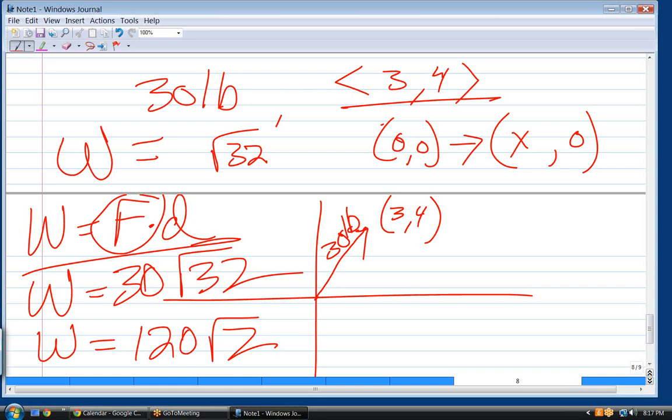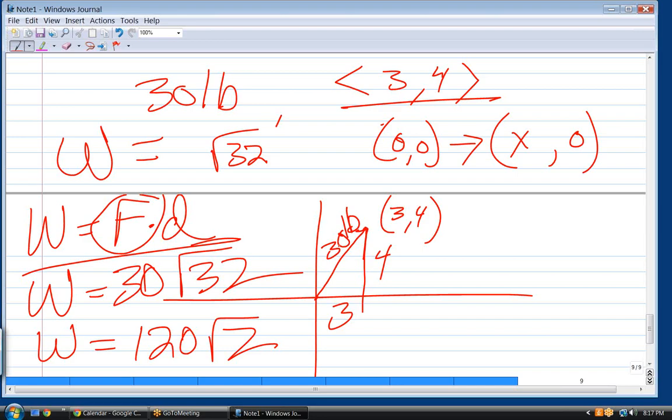Oh, so we would have to find the horizontal component. Yeah, and now we're going to use this 3, 4. Well, what's the horizontal component? Is that just 3? The vertical component is 4. Well, it's not actually 3.